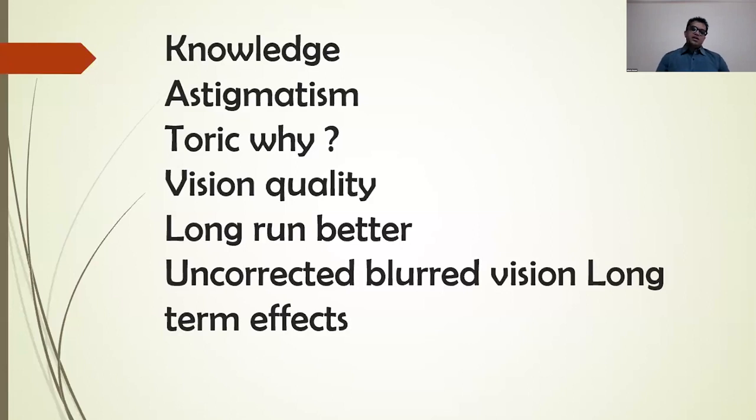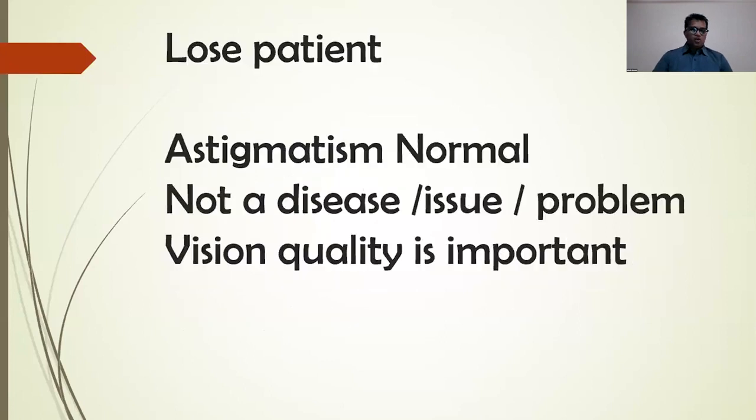Supposing someone wears a spherical lens with a vision of say 6/12, imagine using that for 2 years, 5 years, and he has not seen what good quality 6/6 vision is. Or when he switches back to his spectacles he says, oh, this looks just too good, why am I not seeing this well in my contact lenses? That blurred vision has a long-term effect on the vision also.